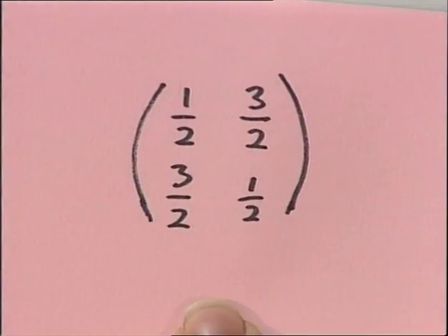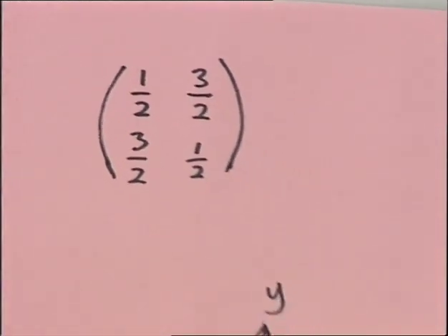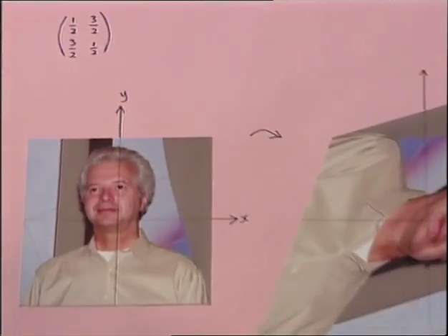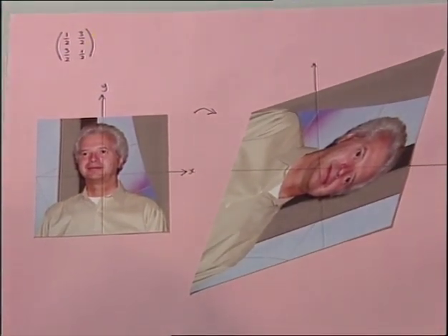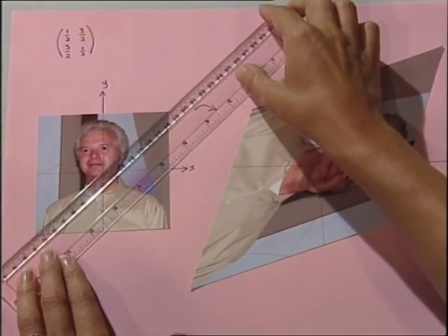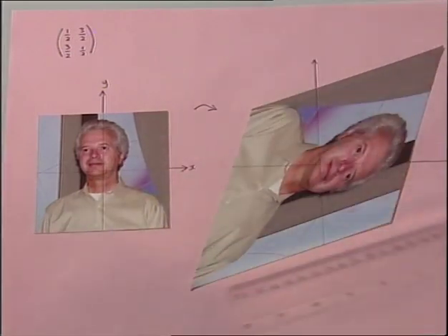So this linear transformation stretches Alan by a factor 2 in the direction y equals x, and by a factor -1 in the direction y equals -x, which has the effect of flipping him over this diagonal line. So the eigenvectors and eigenvalues do explain the effect of that linear transformation.